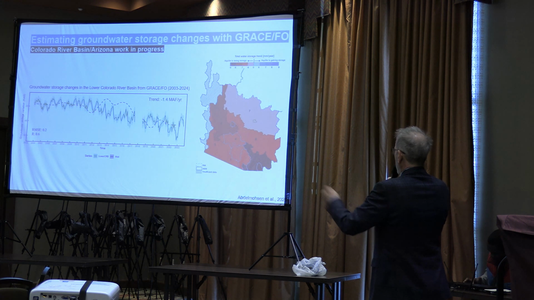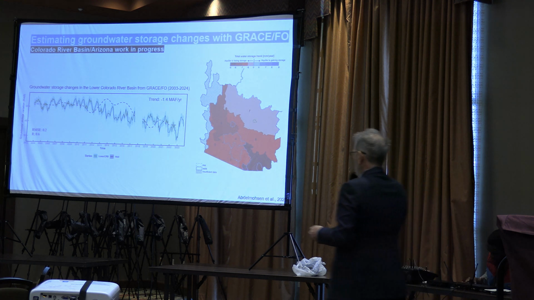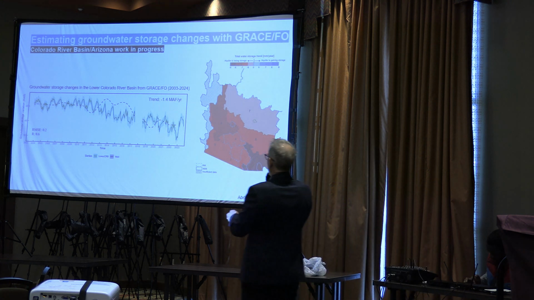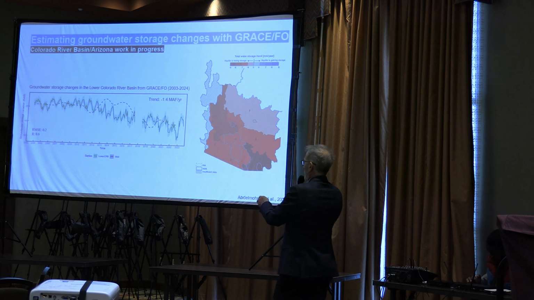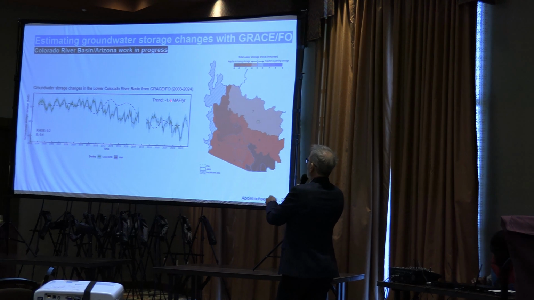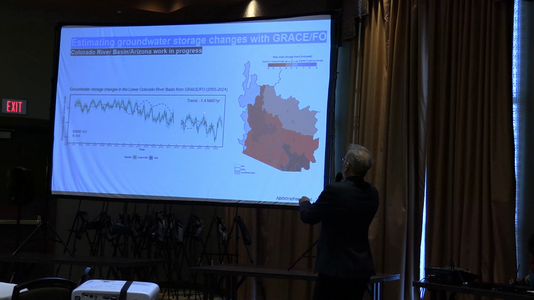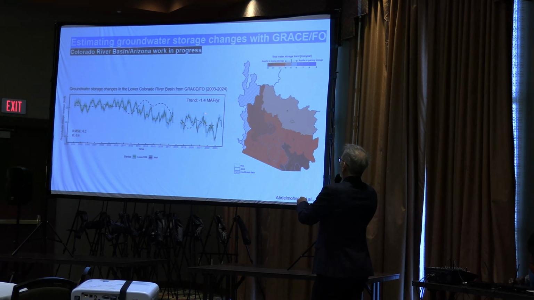And in terms of groundwater, we went through this exercise of subtracting the surface water, the soil moisture, and the groundwater. And so I have a time series over here, and the trend is about 1.4 million acre feet per year groundwater loss in the lower basin, and then mapped it out a little bit. You can see some of the active management areas shown with the light blue.